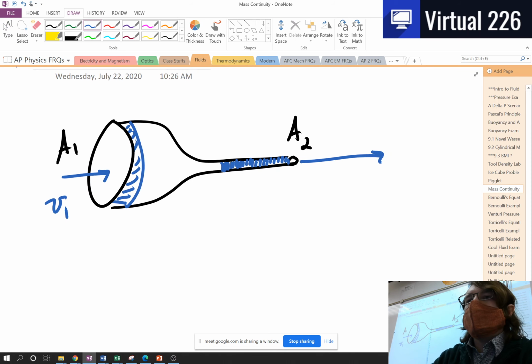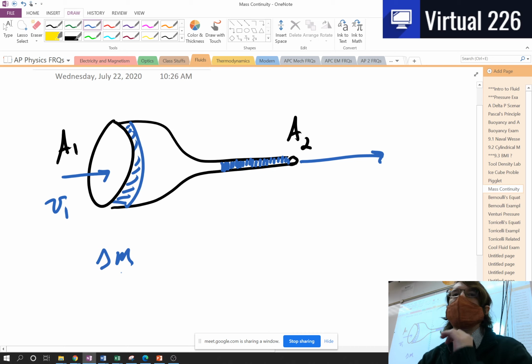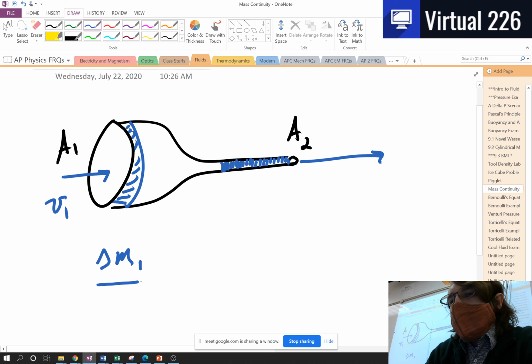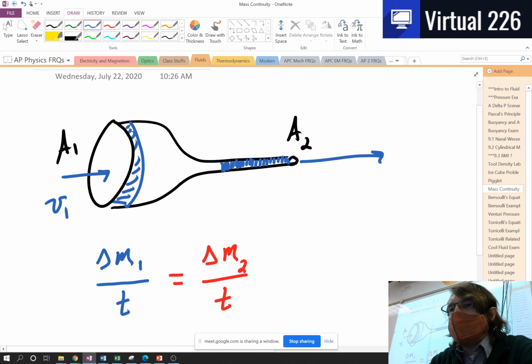So what we can say is that the change of mass in some region, so delta M, it's just some change in mass, and we'll call it delta M1, in some amount of time, this must be equal to the change in mass, we'll call it M2, in that same amount of time. So whatever mass is coming through here, this mass up here that we had, that amount of mass coming through this has to be equal to the same amount of mass back here.